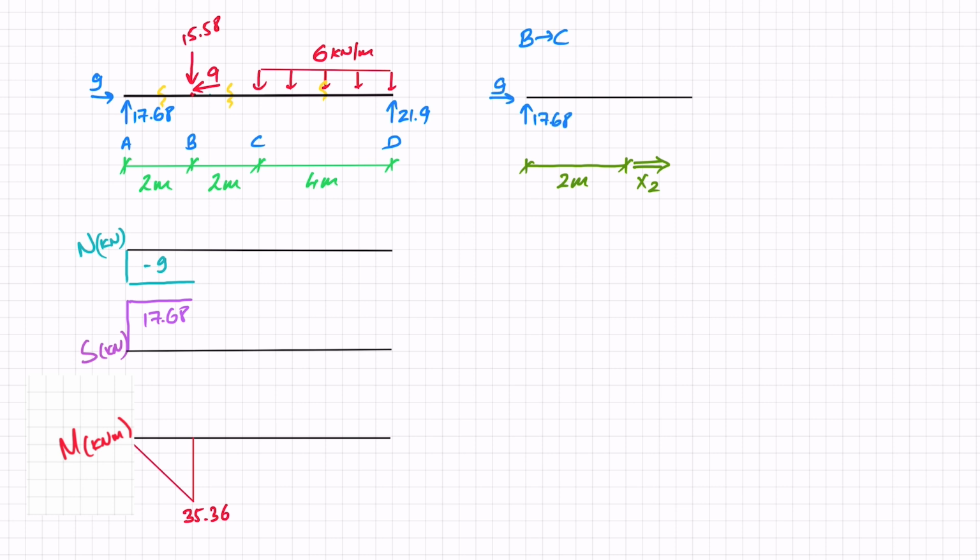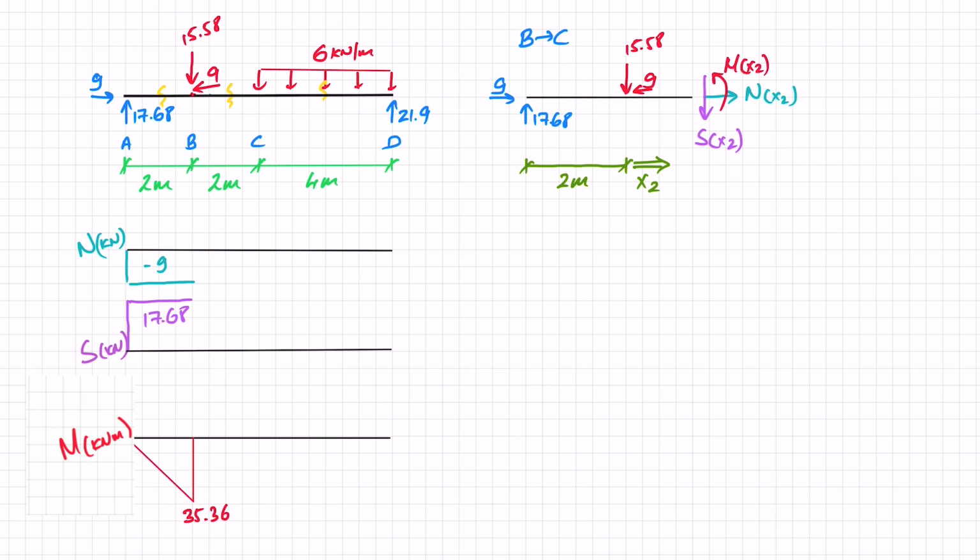I've then got these two forces from that concentrated load that was at an angle, 15.58 and 9, and I've also got these exposed internal forces, so NX2, SX2, and the bending moment MX2.